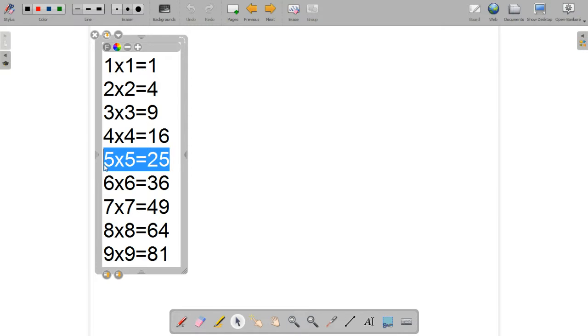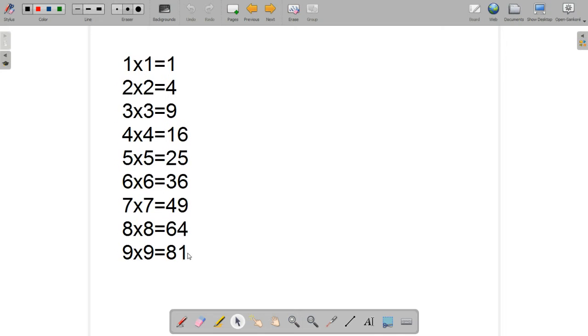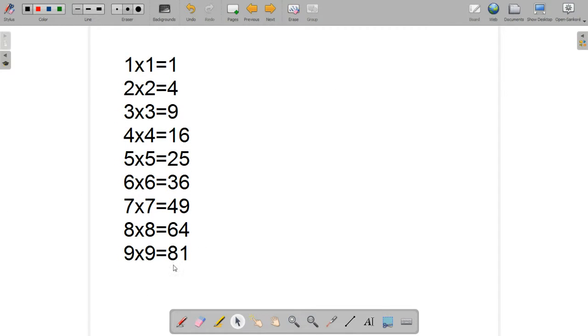As you may know, 5 times 5 is 25. Other than that, this is all just simple stuff you should have learned in grade school. All these squares are the most basic it's going to get.